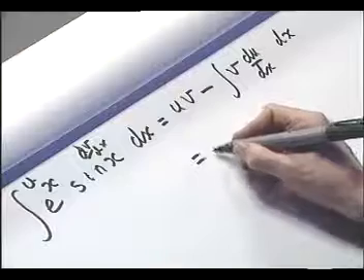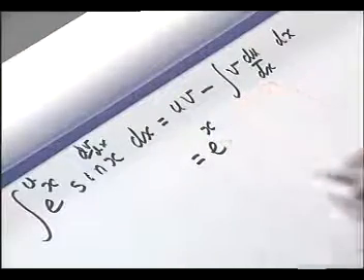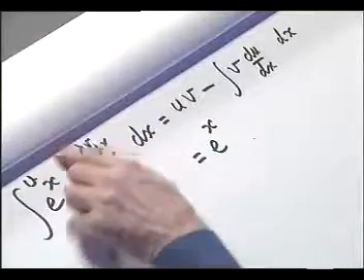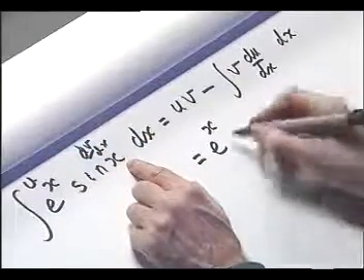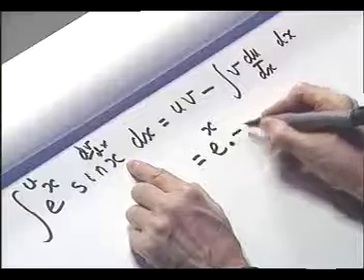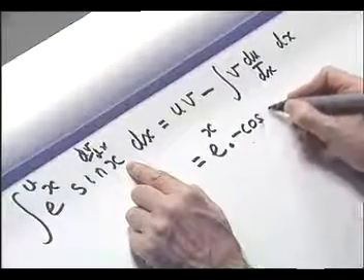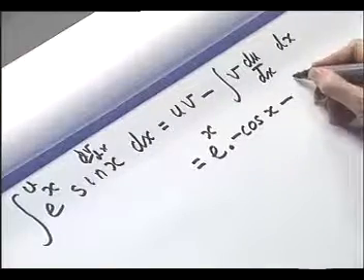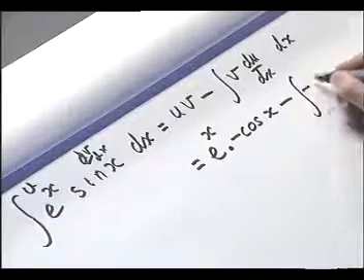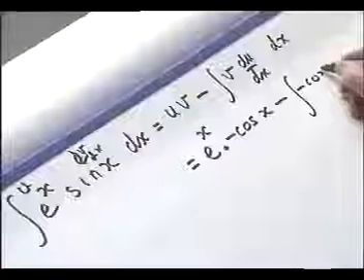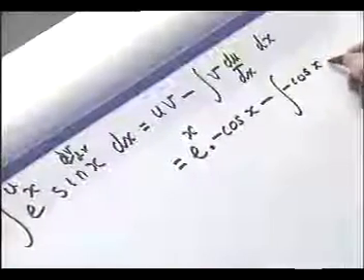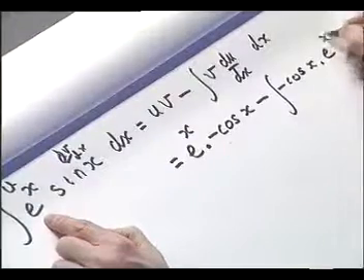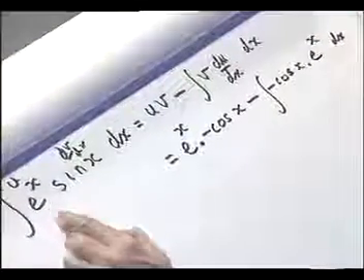u is e to the x. It stays the same. v is got by integrating sine, and the integral of sine is minus cos x. Minus the integral of minus cos of x times by the derivative of u, which is just e to the x dx.